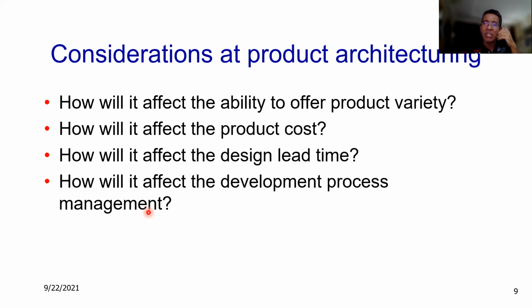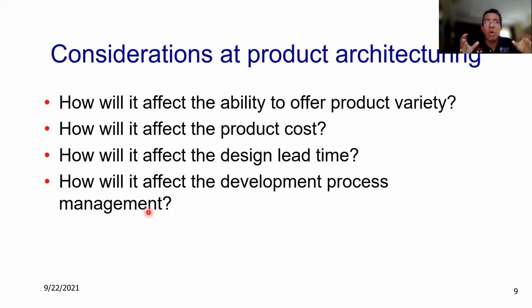And then in their next step, the question raised is how would the architecture of the product impact the ability to offer product variety? How to make various products, and how would the architecture impact their ability to complete the design within a short time, for example within 12 months? And how would the architecture of the product influence their ability to manage the development process?